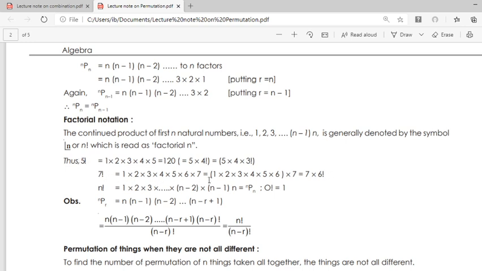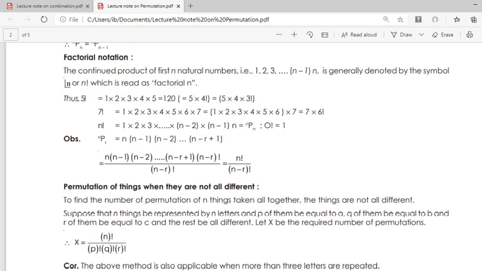I can start from 1 times 2 times 3 times 4 times 5 times 6 times 7. I stop at 7. I can as well use it the other way by starting from 7: 7 times 6 times 5 times 4 times 3 times 2 times 1. Or I can also say 7 times 6 factorial.